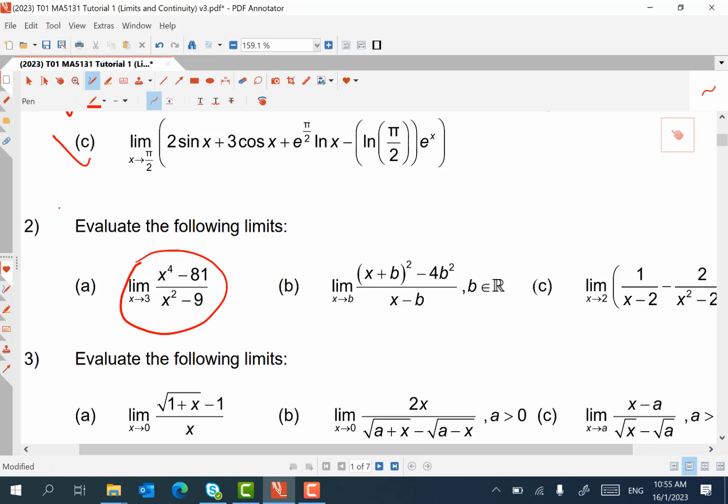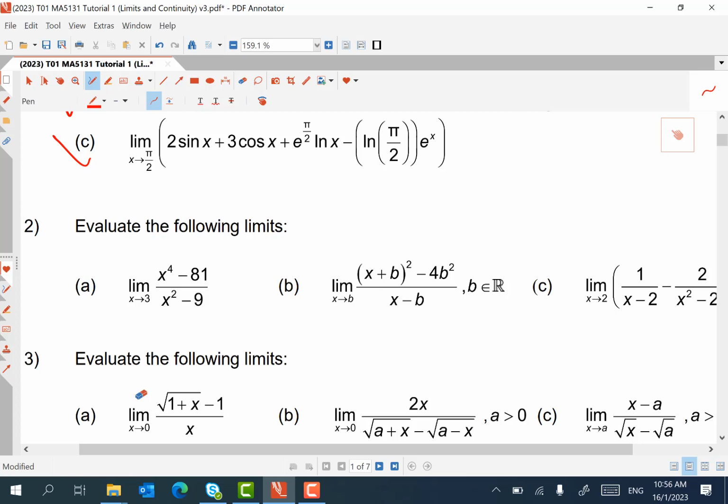Okay. Tell us your method. You factorize. Right, just factorize. Let's hear from who's behind Zoe? Haruhi, right? What happened to her? Wow.